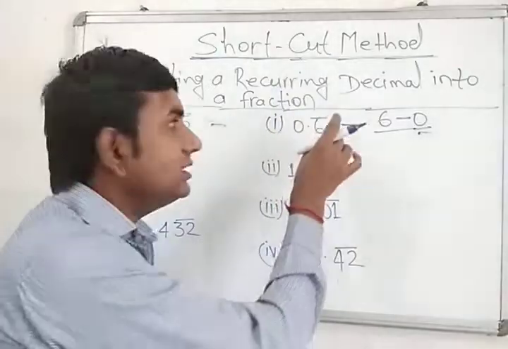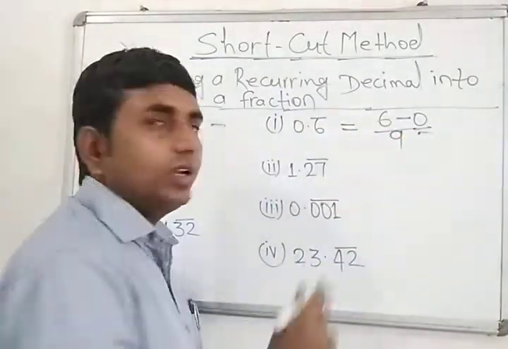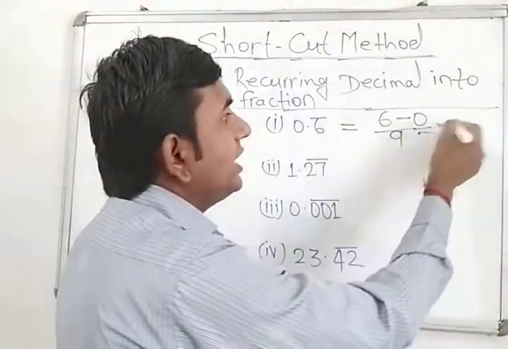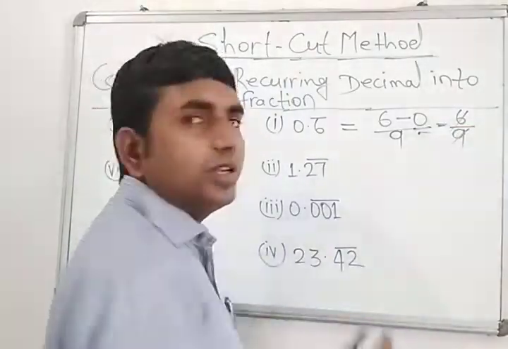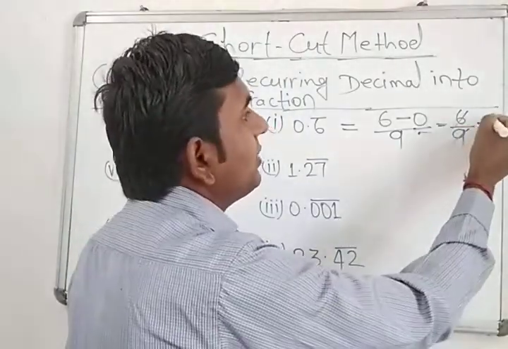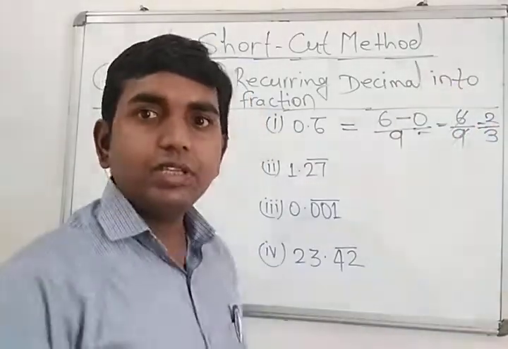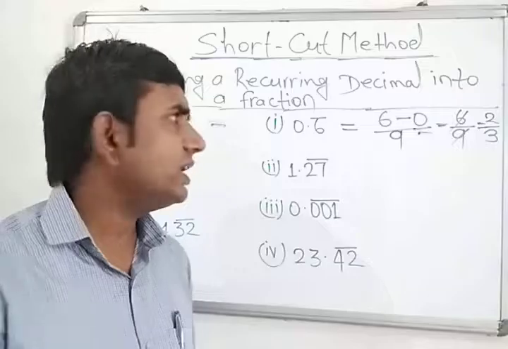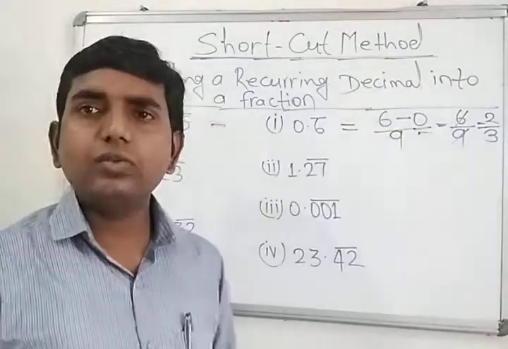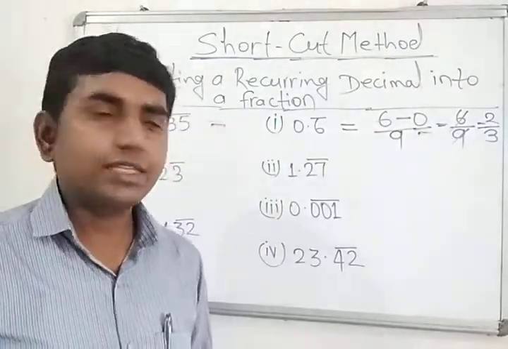Only one digit is recurring, so we write only one 9. Finally it becomes 6 by 9, and after simplifying we have 2 by 3. That's our answer. It's a very simple process, and by it we can easily convert any recurring decimal into a fraction.